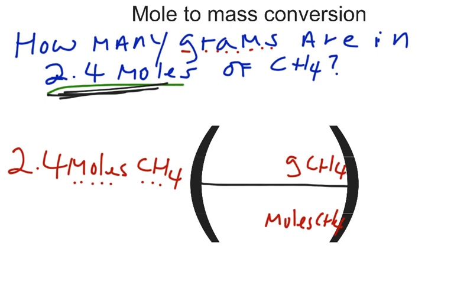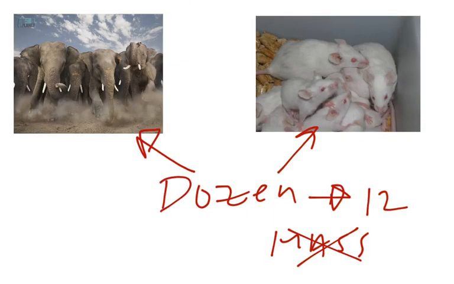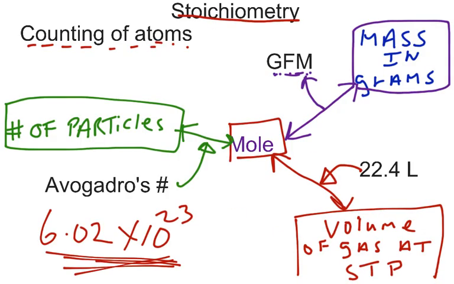Now, before we can do the actual calculation, we need numbers to go here and here. Now, ladies and gentlemen, we'll go back for a second to this first slide right here. In this crude diagram, we see that anytime we want to go from moles to mass or mass to moles, we need to use the GFM.